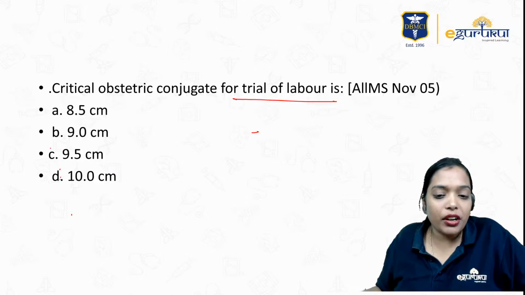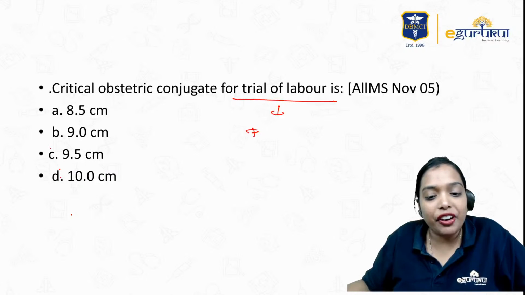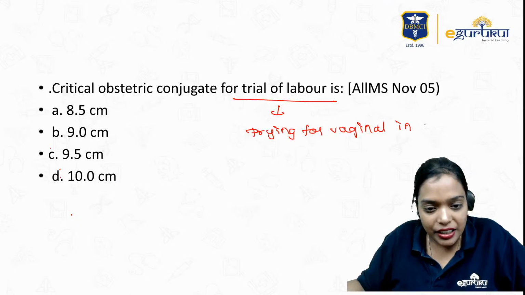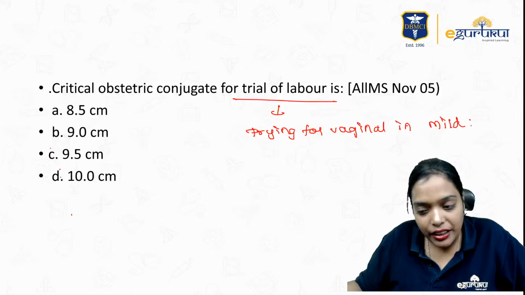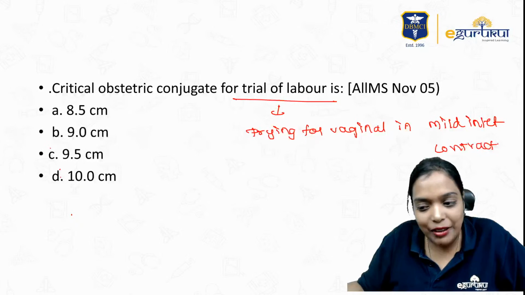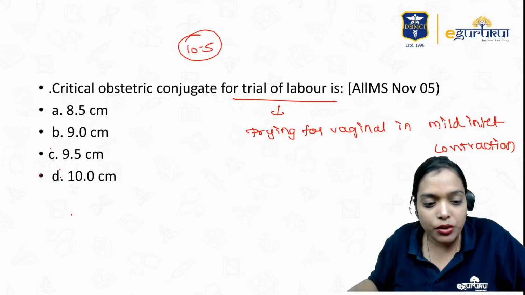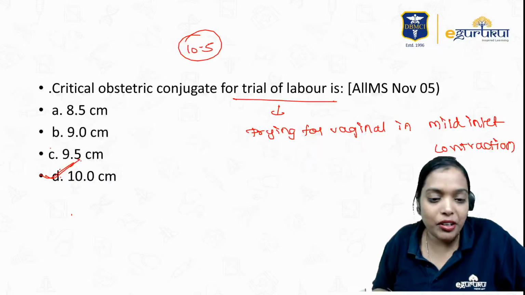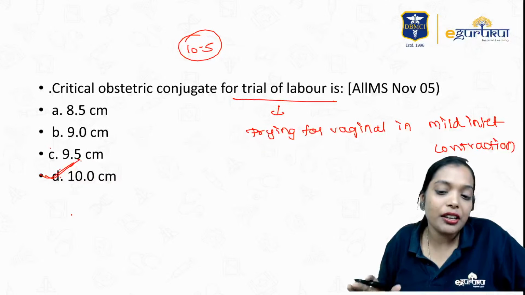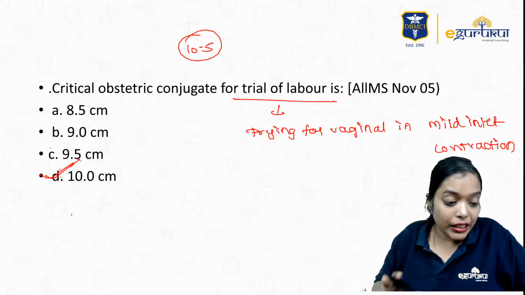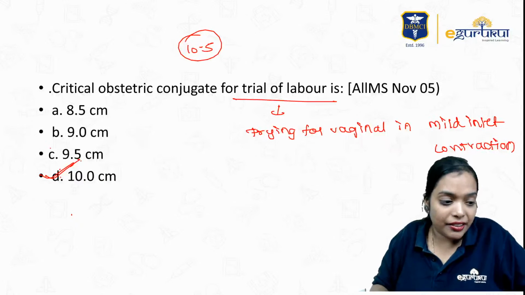So trial of labor is trying for vaginal delivery in mild inlet contraction. When obstetric conjugate is 10 centimeters, normally it is 10.5. So 0.5 centimeters reduced. So when obstetric conjugate is 10 centimeters, we call it the critical obstetric conjugate, where we can still do trial of labor. Answer is 10. Okay.